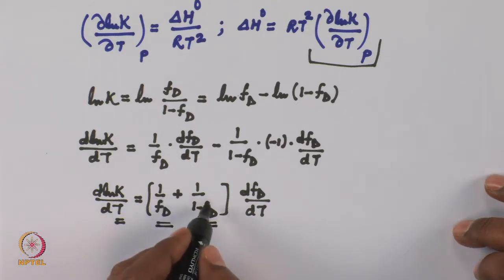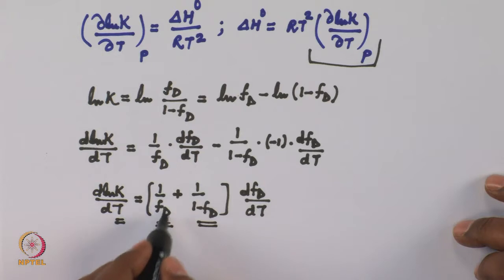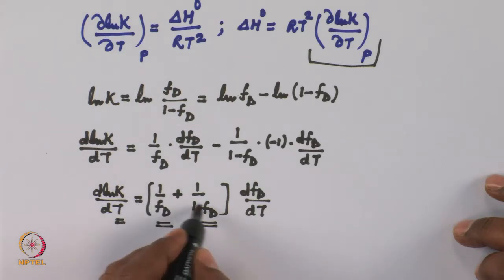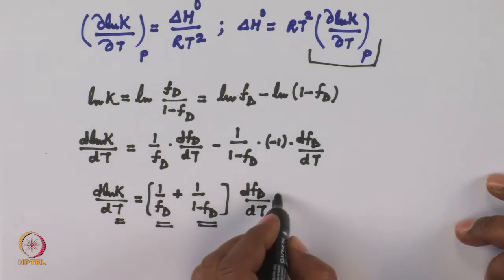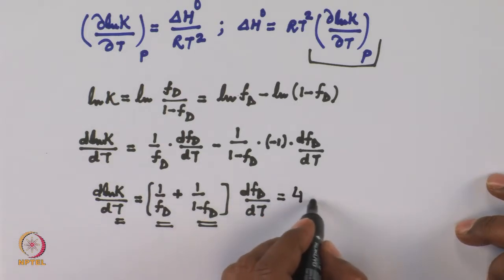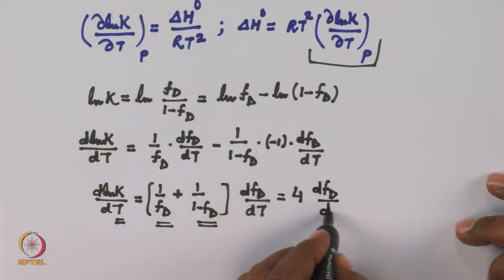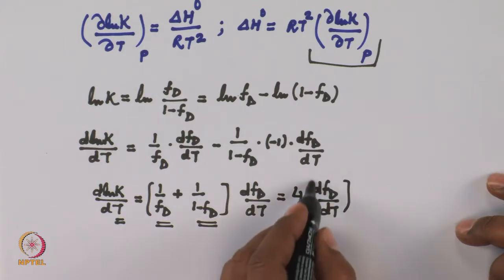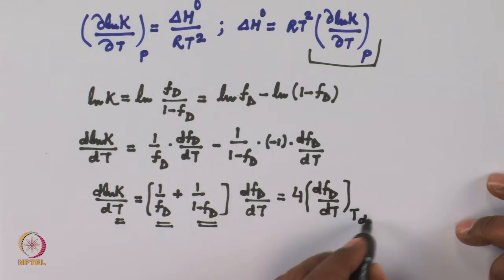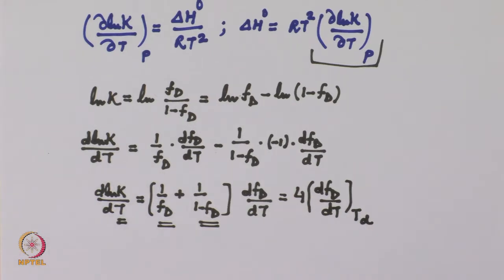So, when Fd is 1 by 2, 2 will go in the numerator. From here also 2 will go in the numerator. So, we will have 4 times dFd by dT, and this is actually at the transition point T half or Td, whichever way you want to mention it.